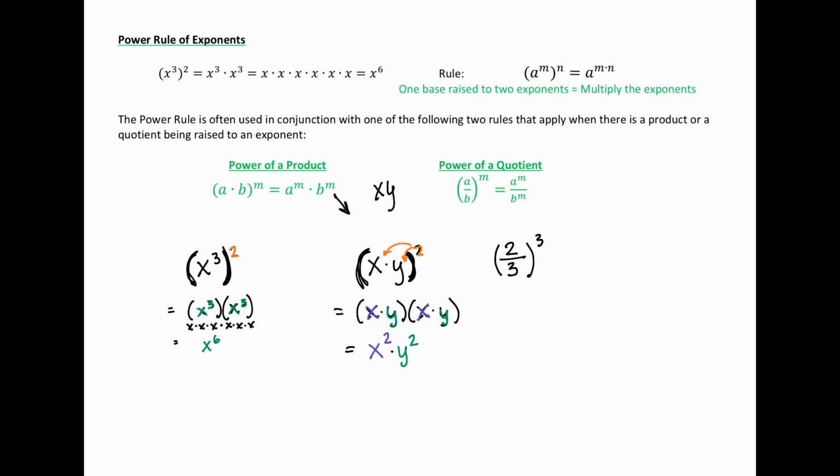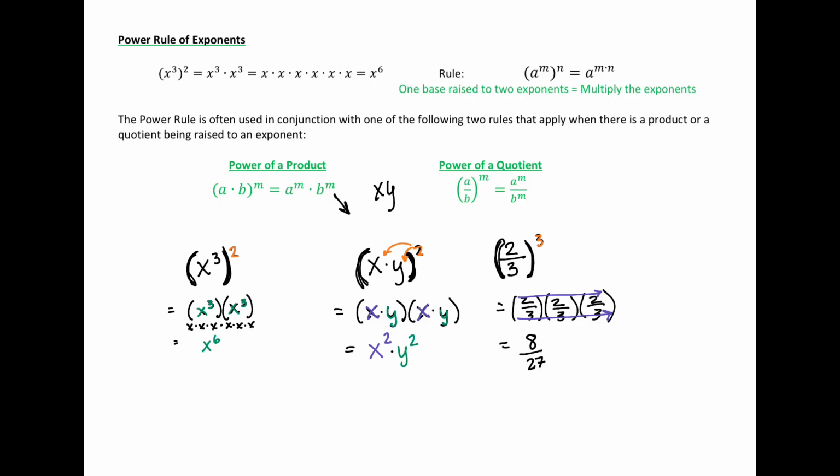So we basically said that the 3 affects what it's immediately behind. So we need 3 sets of parentheses, and in each set of parentheses is a 2/3. And then you multiply straight across the top, and we got 8 over straight across the bottom, and we got 27.